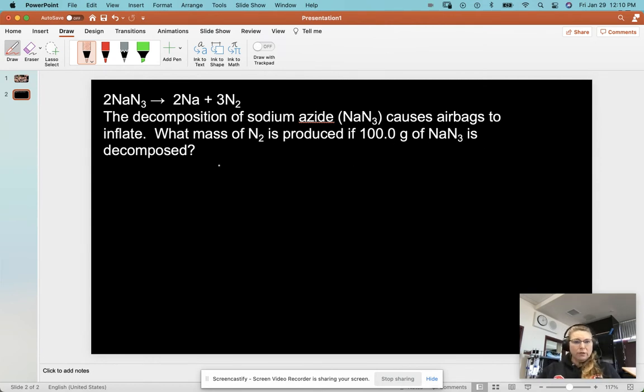So, of course, our first question: is it balanced? So, already balanced. That's a little bit easier to see with this one because all of them have coefficients, right? But that's how we knew it was already balanced. So once we know that it's already balanced, we want to figure out what we know and what we want to know.